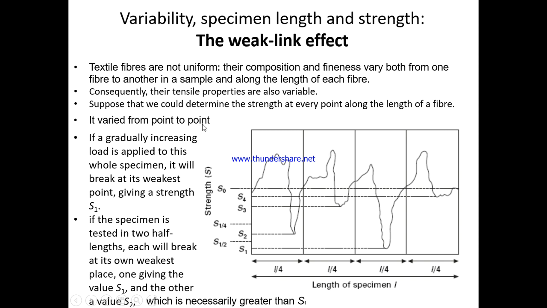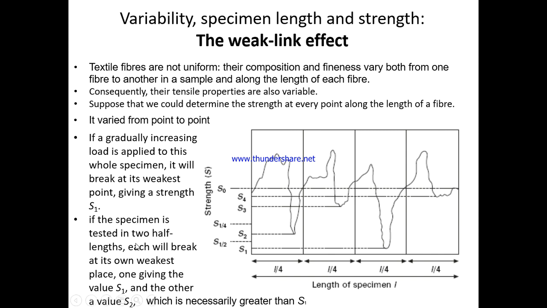If a gradually increasing load is applied to this whole specimen, it will break at its weakest point, S1. S1 is the weakest point, the lowest position in the strength axis. This is the strength of this fiber.